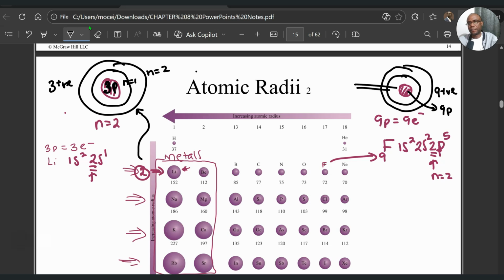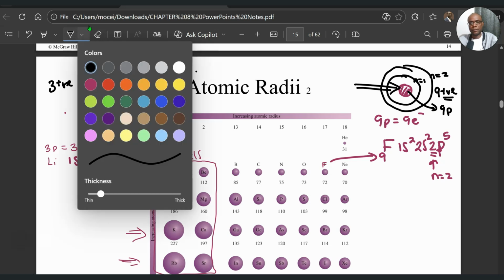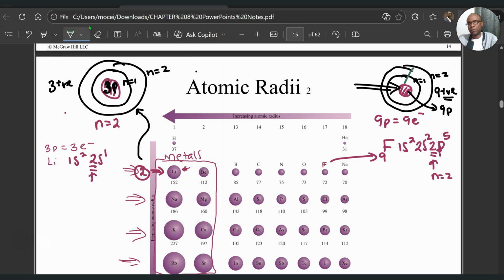Of course, the effective nuclear charge of fluorine is going to be stronger because it has more positives, attracting the same number of energy shells. So you expect the energy shells in fluorine to be pulled closer to the nucleus than in lithium, and that inward compression is causing fluorine to be smaller compared to lithium.